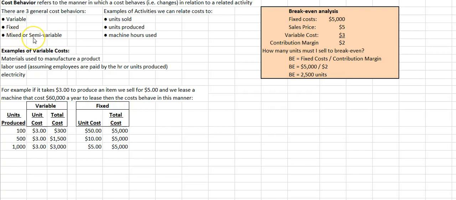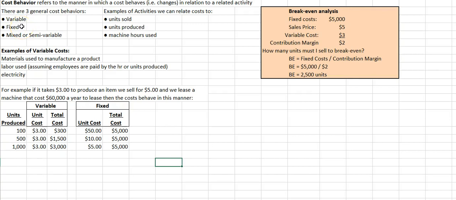So at that point it becomes variable, because as you use and consume more of the data, you will pay more and more. So that would be mixed. Mixed starts off flat and then starts shooting up once you hit a certain threshold. For almost all of these examples, we're going to just limit ourselves to variable and fixed.